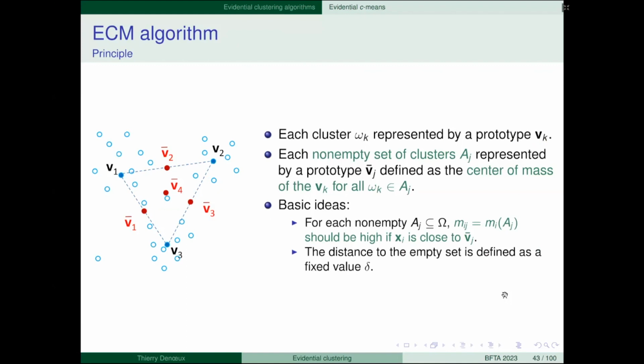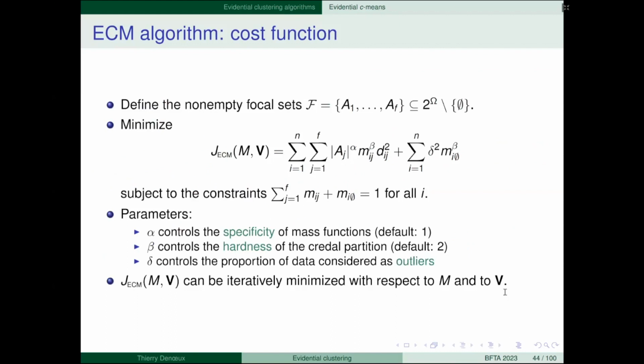So here the idea is that for any non-empty set of clusters A_j, the mass m_i of A_j should be high if x_i is close to the prototype representing that set of clusters A_j. And the distance to the empty set is defined as some fixed value. Okay, and we define this loss function. So here, curly F is the set of non-empty focal sets that we consider.